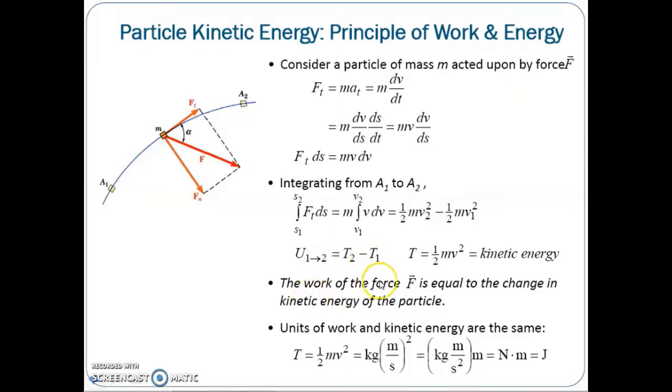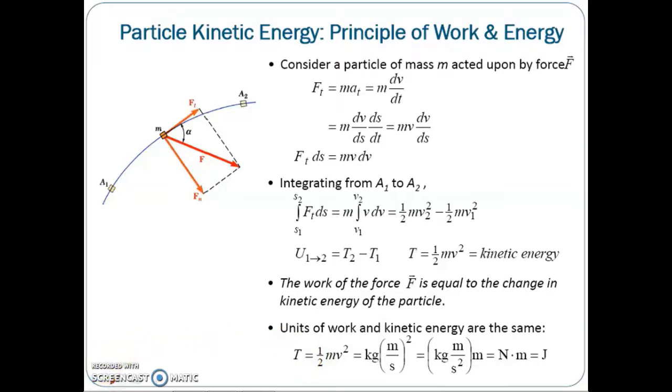So here the work of the force F is equal to the change in kinetic energy of the particle. And the unit of work and the kinetic energy remain the same, right? Which is joule or newton meter in SI units.